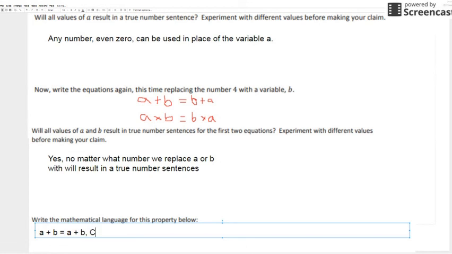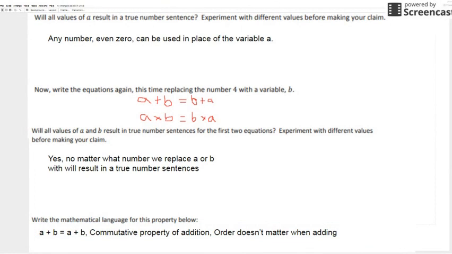And this is called the commutative property of addition. Commutative property means order does not matter when adding. So it doesn't matter what order in which you add them, it just always will give you the correct answer. That's why B and A are switched here.